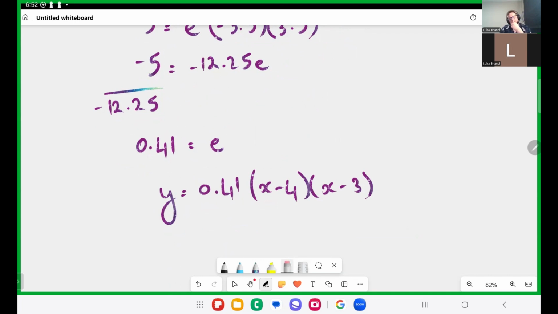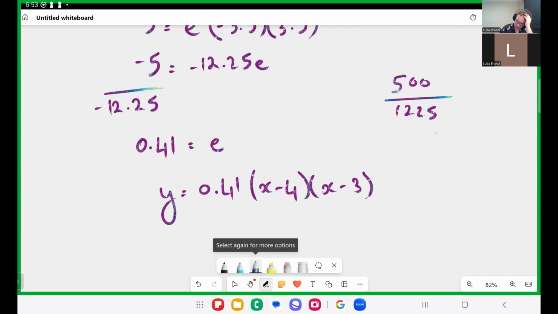We could have worked out a fraction, but it would have been 500 over 1225, multiplying these two by 100 to get rid of the decimal point, and then I would have simplified that to get 100 over 245, or 20 over 49.